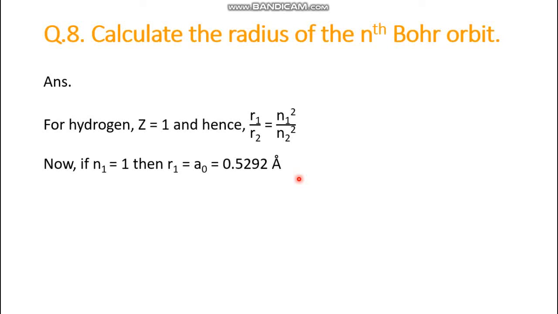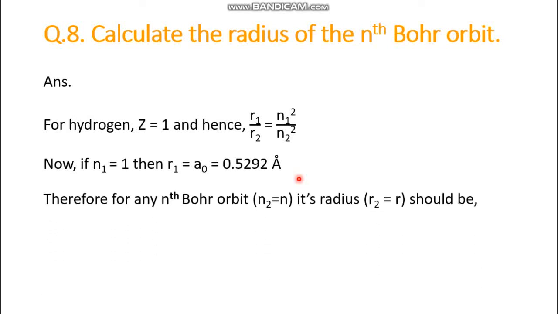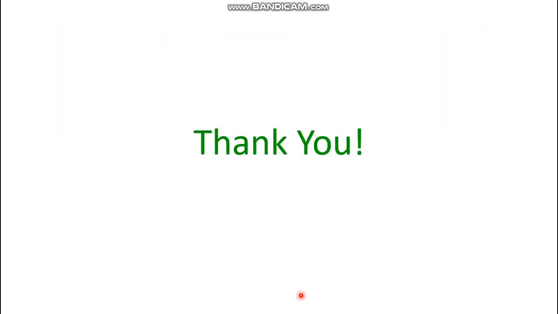For n1 we have r1, that is actually a0, which is equal to 0.5292 angstrom. For n2, which is n, any Bohr orbit, r2 is r, any radius. So just put these values: 0.5292, here n squared, here 1 squared. So this is nothing but 0.5292 n squared angstrom. So this is the answer.